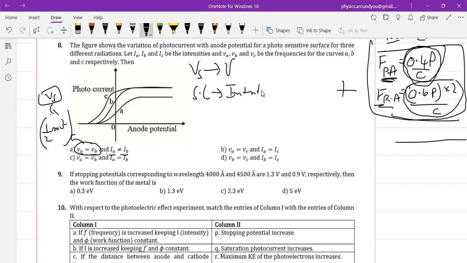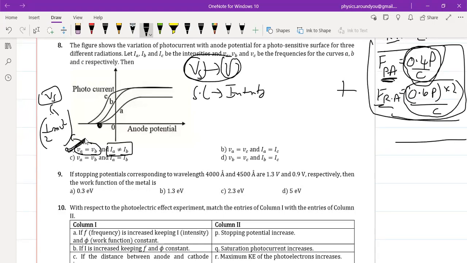Now, saturation current is different for A and B, so intensities will not be the same. But since the stopping potential is the same, the frequencies should be the same, because stopping potential is determined only by frequency. Therefore, option A is perfect.